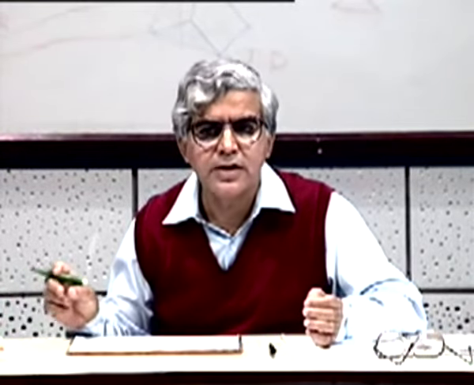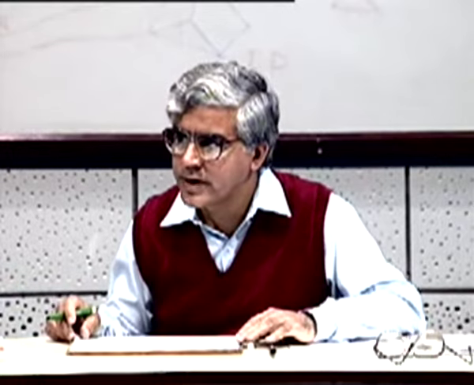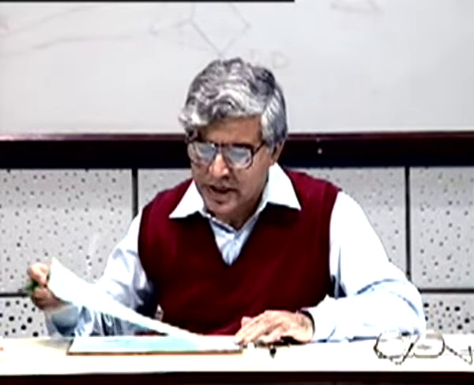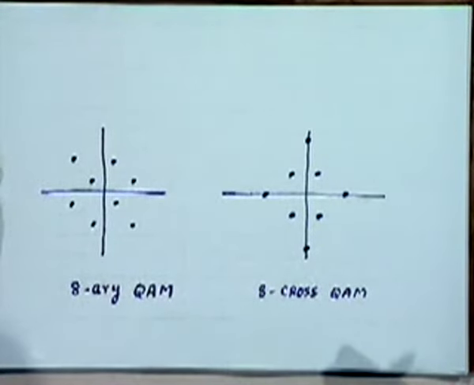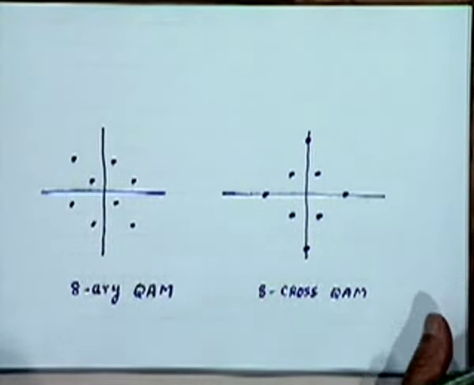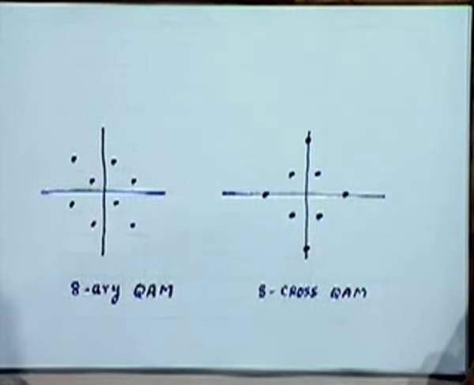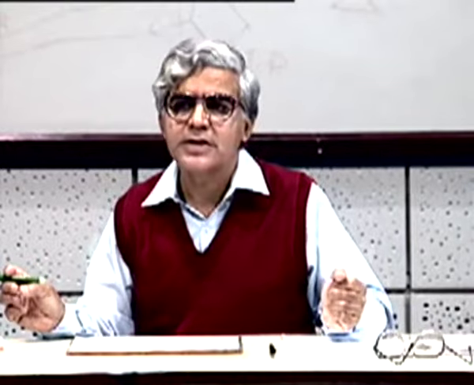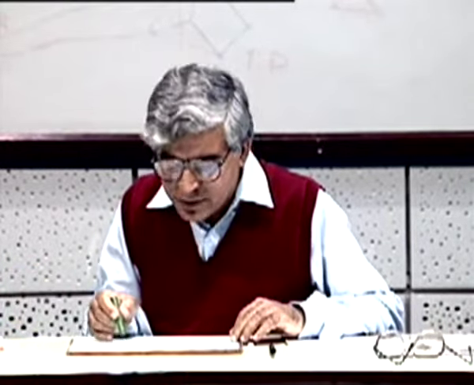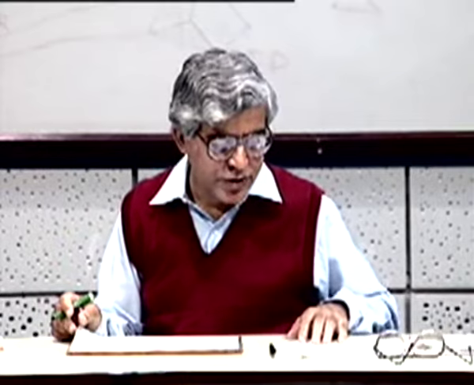There are situations when more than one pulse shape may be employed, but most of the time we use a common pulse shape to represent any of these points. The only attributes that differ are the resultant amplitude and phase of the carrier that goes in that pulse. So the overall modulated waveform that comes out depends not only on this amplitude phase combination but also on the pulse shape that you use to describe it, which is assumed to be the same.